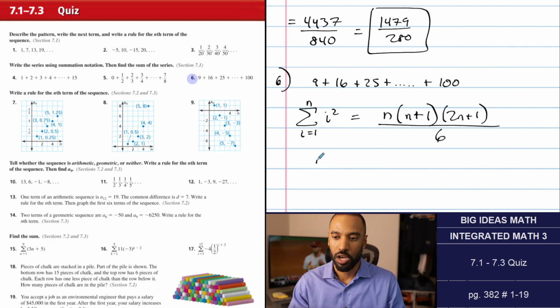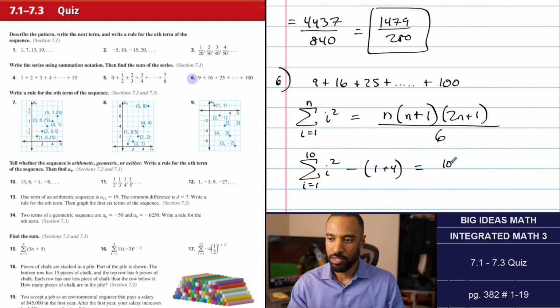So we're going to go from 1 to 10 of i squared and take out basically 1 plus 4. So this is going to be n times n plus 1 times 2n plus 1, that's 2 times 10 plus 1, which is 21, all over 6, minus 5.